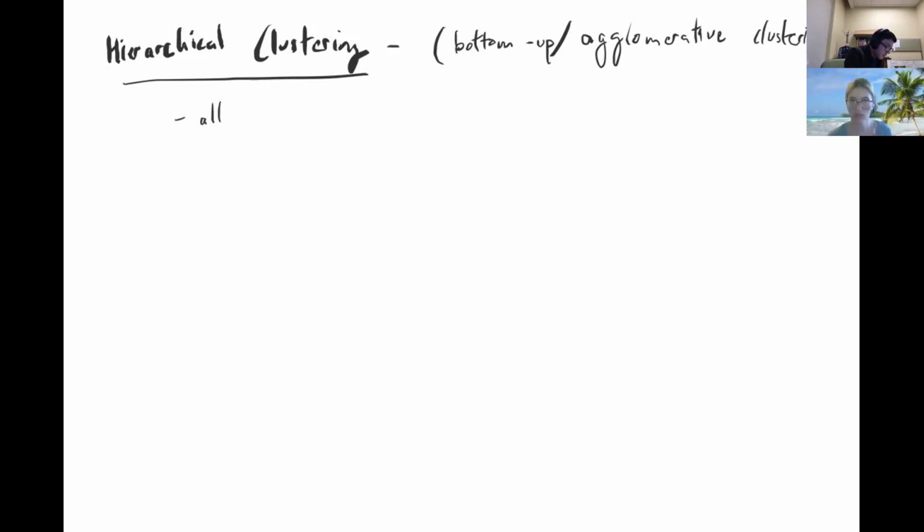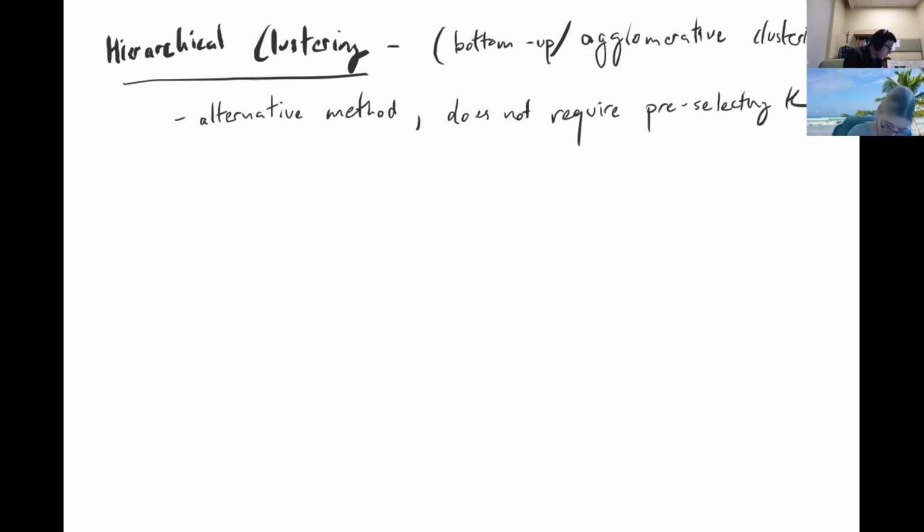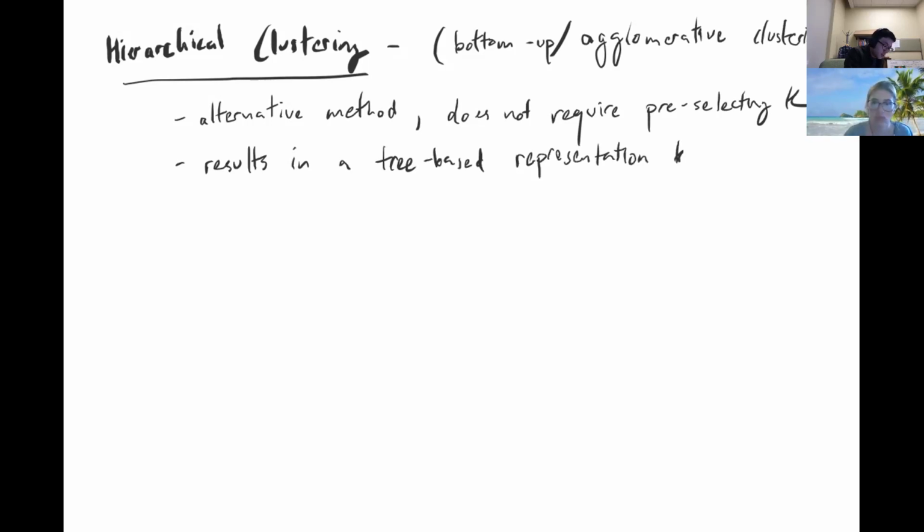So this alternative method does not require pre-selecting K. And this results in a tree-based representation known as a dendrogram.